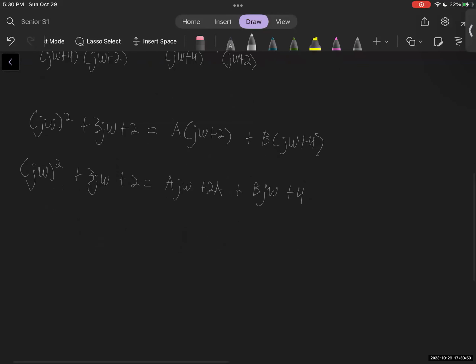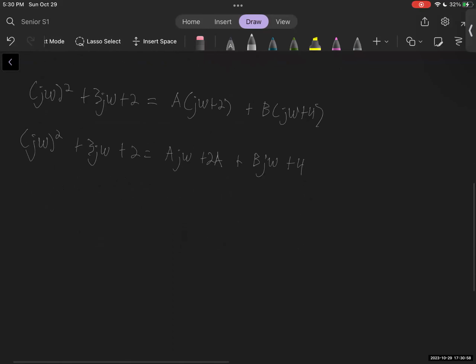And now we can solve this using coefficient matching, I think is what it's called. So we're going to set up two equations and solve them. Our first equation is we look at our j omega terms on each side, and that's going to give us the equation A plus B is equal to 3.